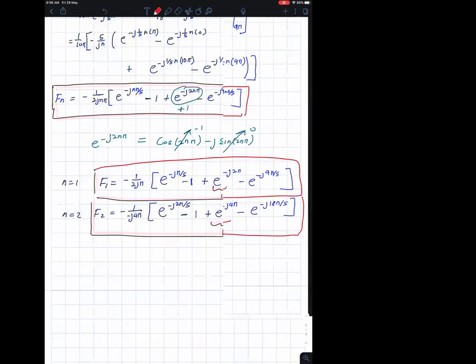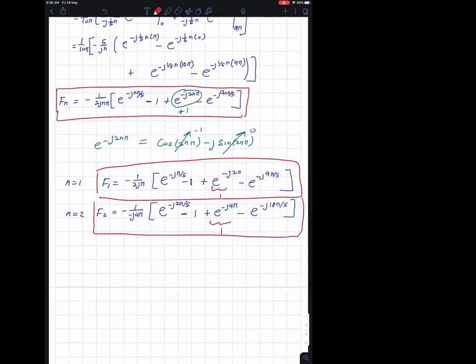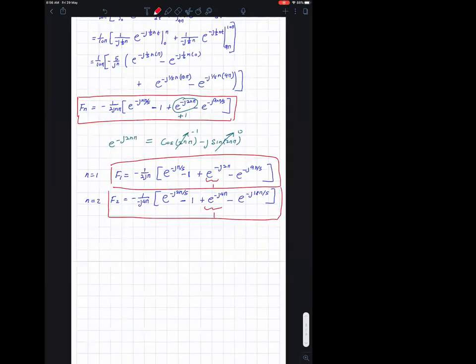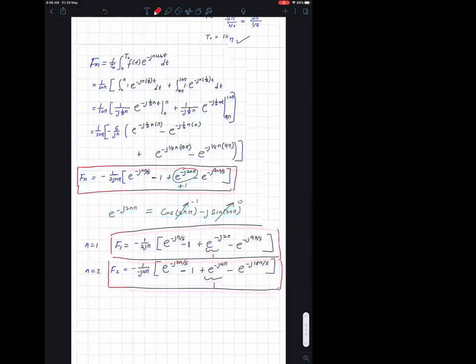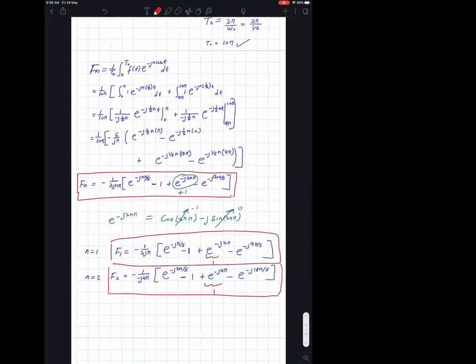Okay. Maybe in the assignments you can have a lot of time, you can simplify things, but for now you can just leave it like this. And that's all for the Fourier coefficients. Next, any question here?